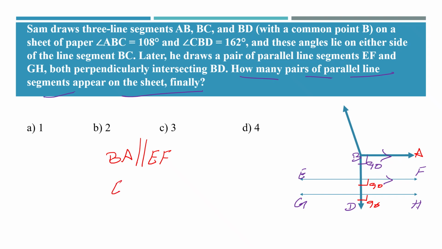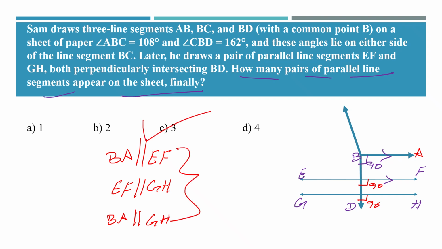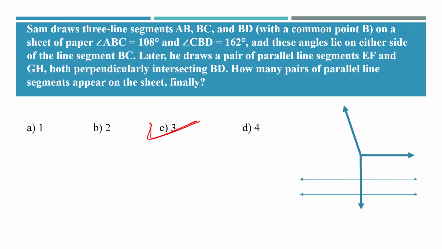And again, EF is parallel to GH because both are perpendicular as given in the question. Then BA is parallel to GH according to the axiom. If this is true, then option C. There are three pairs of parallel lines.